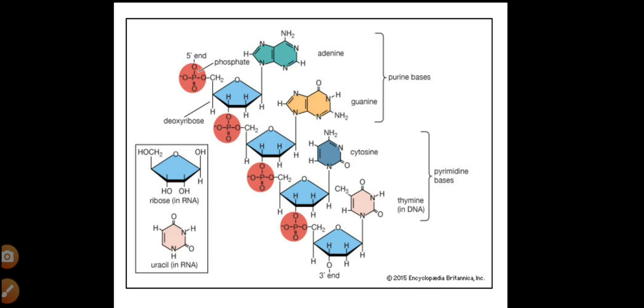So depending upon all these clues, Watson and Crick constructed and explained all the properties, and proposed the DNA model. In 1953 they proposed the DNA model, the double helical structure of DNA.